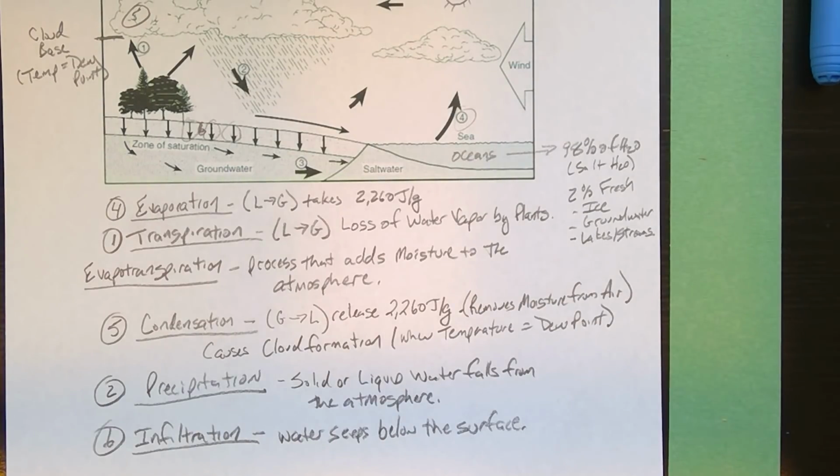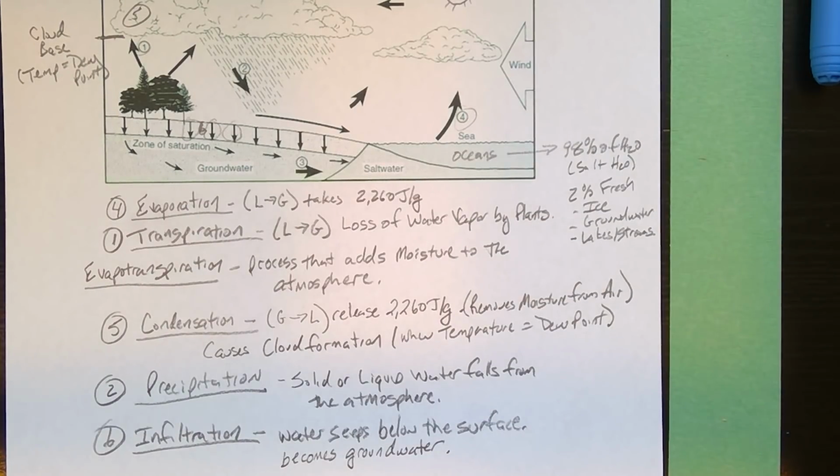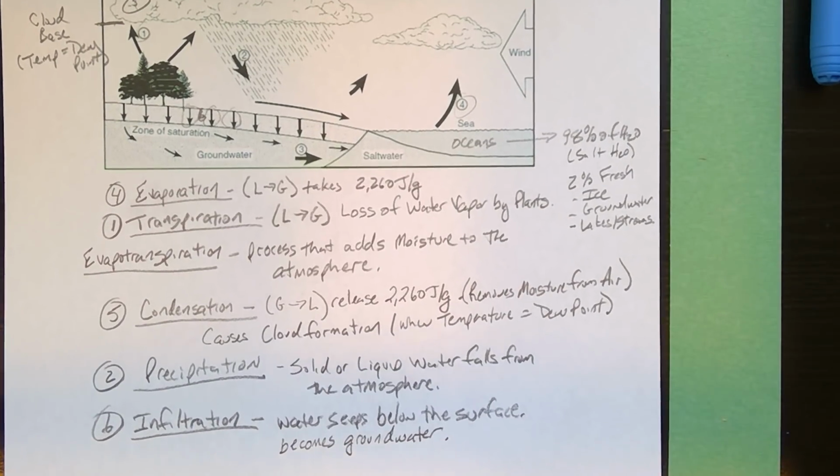When it does seep below the surface, infiltrate, they might use the word percolate, it becomes groundwater.